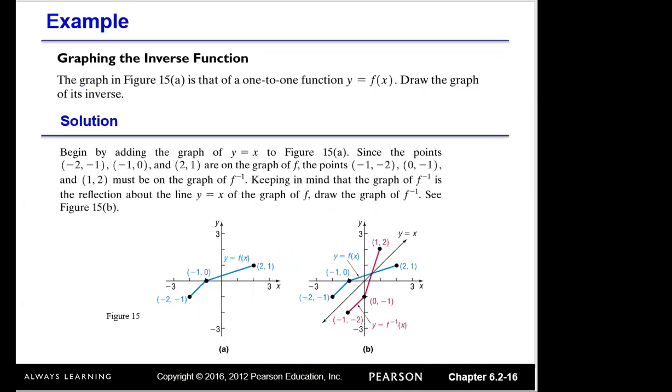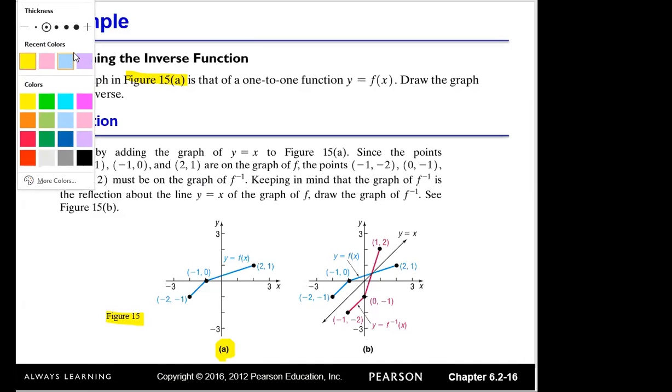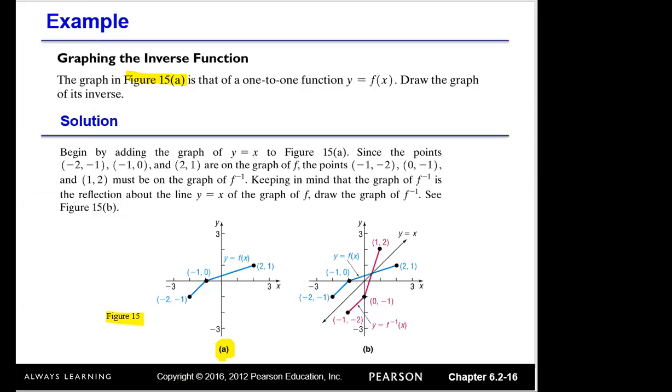And then they have another example, the graph of figure 15a. Okay, so figure 15, part A, is that of a one-to-one function. They want you to draw the inverse. Well, the only way you can do it is to simply use the ordered pairs. So I would take this, which is -2, -1.